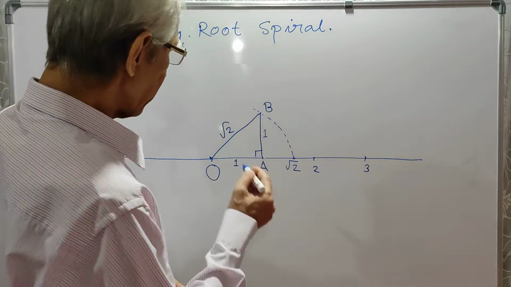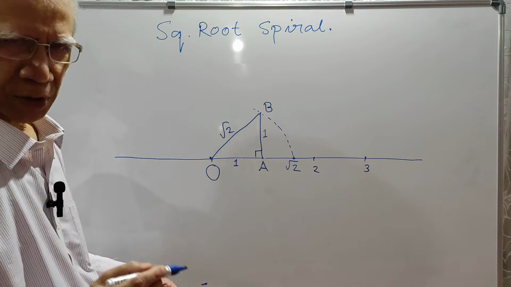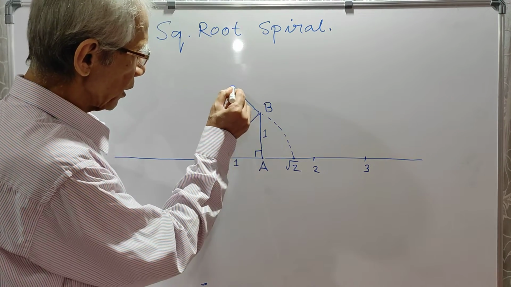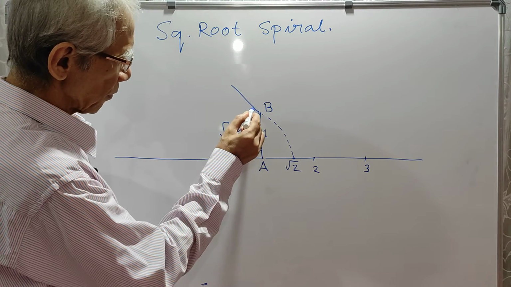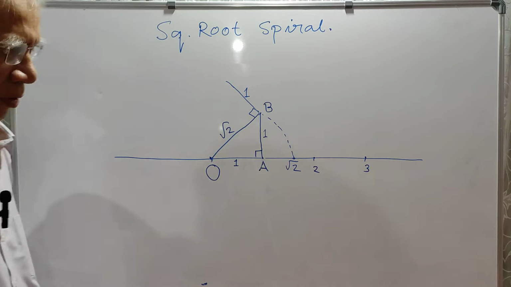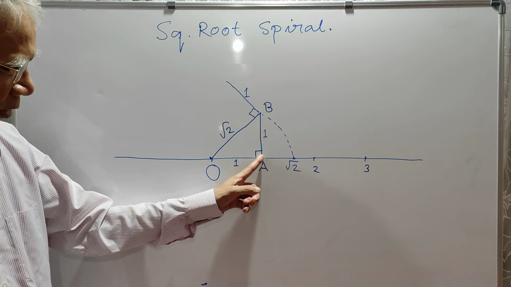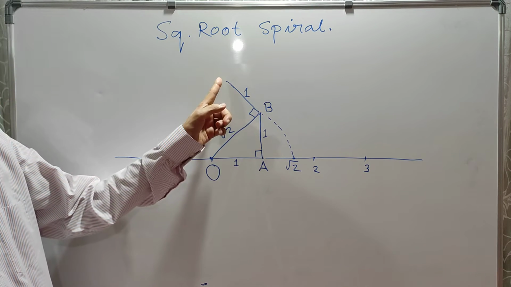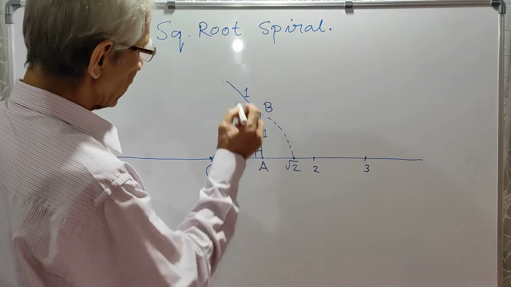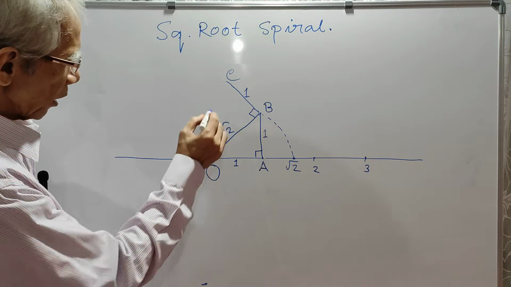Now suppose we want to locate root 3. Then what we do? From this point we draw a perpendicular whose length should be again 1 unit. So this was 1 unit, 1 unit, and from here again we draw 1 unit length. Suppose we call it C. Now we join this.